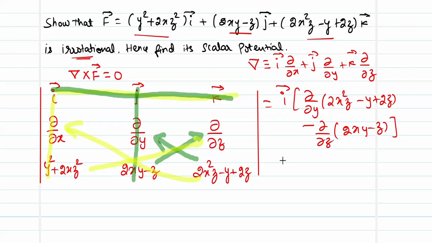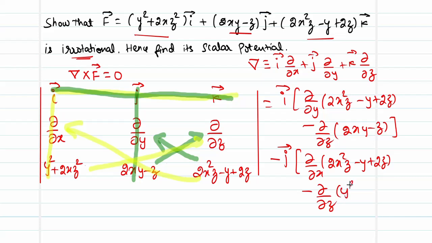So you will have it as, the second component always takes a negative sign, be careful about it, minus j times ∂/∂x of (2x²z − y + 2z) minus ∂/∂z of (y² + 2xz²). So we are now done with the j part.